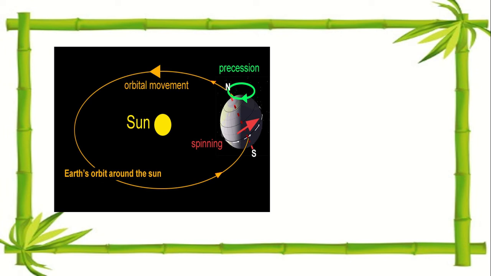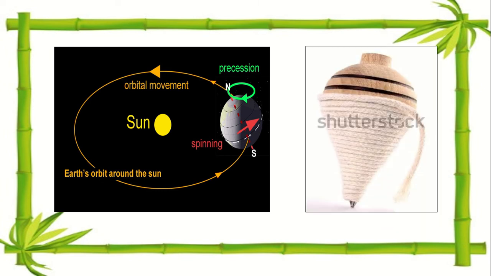And about this history you know also. In ancient time, man used to think that earth is static and the sun moves round the earth. But actually the sun is static and earth is rotating around the sun. So one example we can use here, what is this? This is a top. You have certainly played with a top. How does the top rotate?